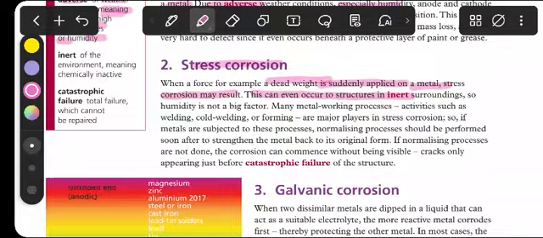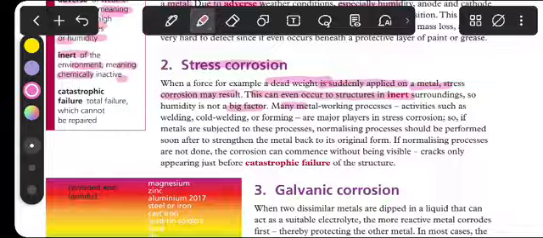The keyword is the environment, meaning chemically inactive surroundings, so humidity is not a big factor. It is caused by applying too much force, for example when you apply a dead weight on another metal. This we call stress corrosion.